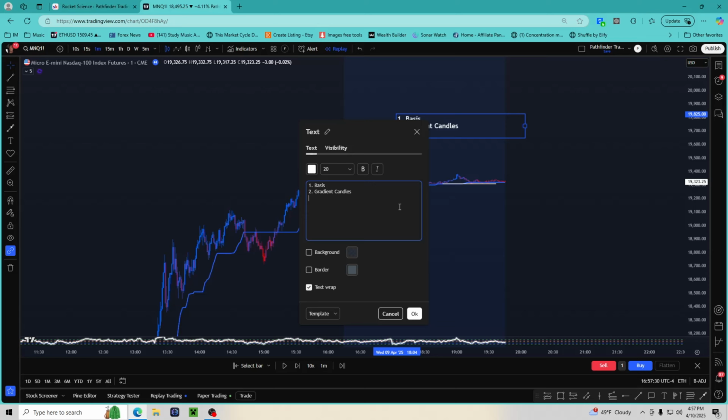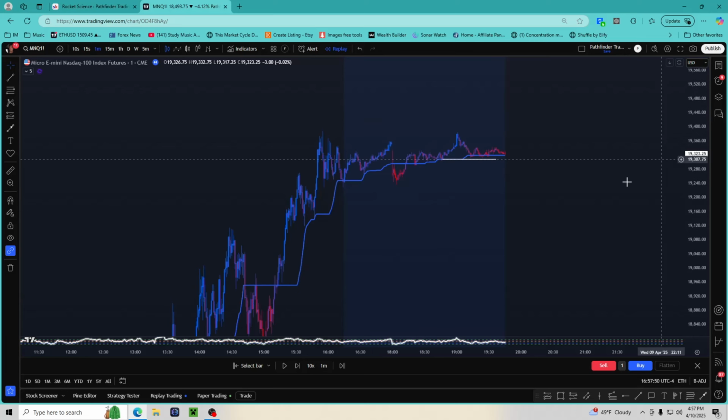Now for the third part, because your basis tells you direction, your gradient candles, it's kind of like a heat map, if you will. And then the third point is reversals. Okay? You need to know where the reversals are in the market. And so what we do is we do this dynamically in Pathfinder.